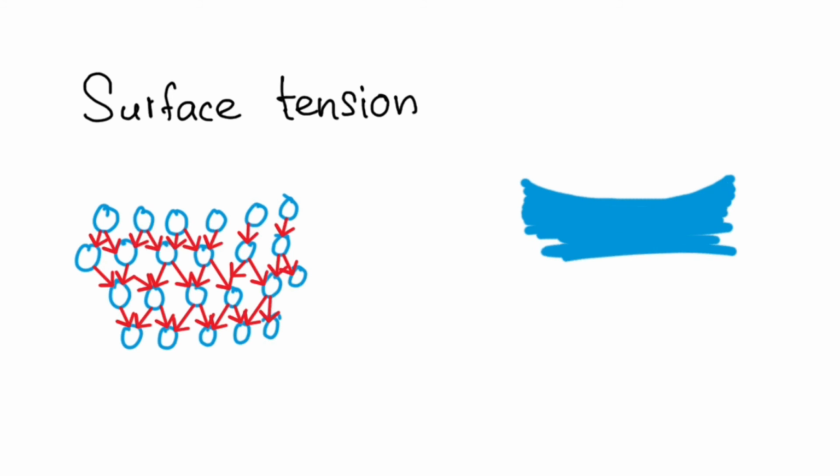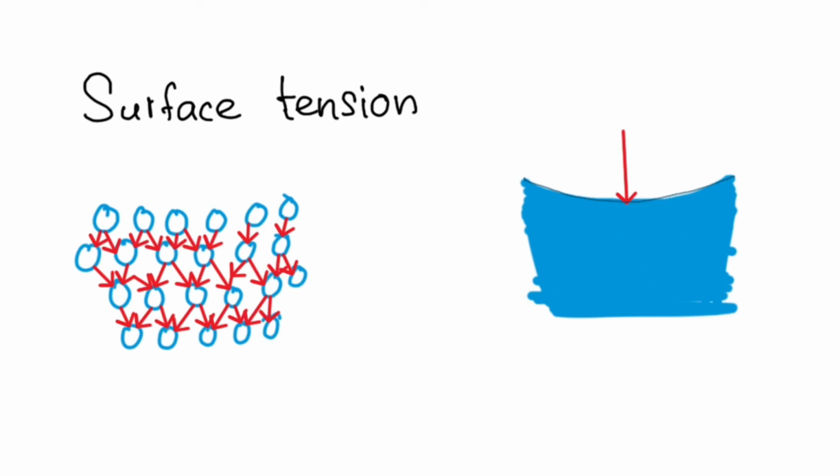So in a big water body, a layer develops on the uppermost part of the water body. It's a thin skin-like layer. It is pulled towards the other water molecules.